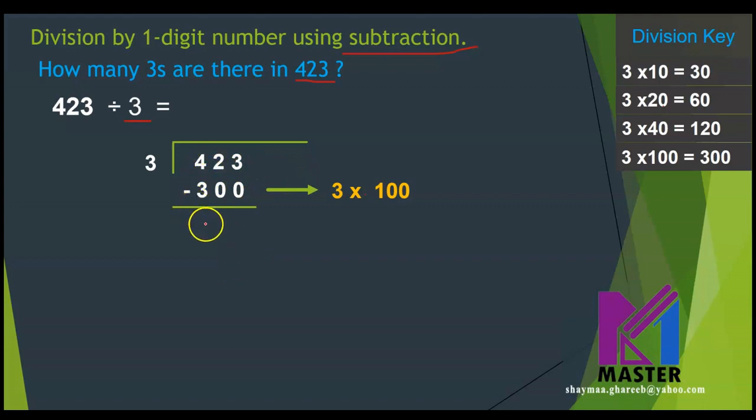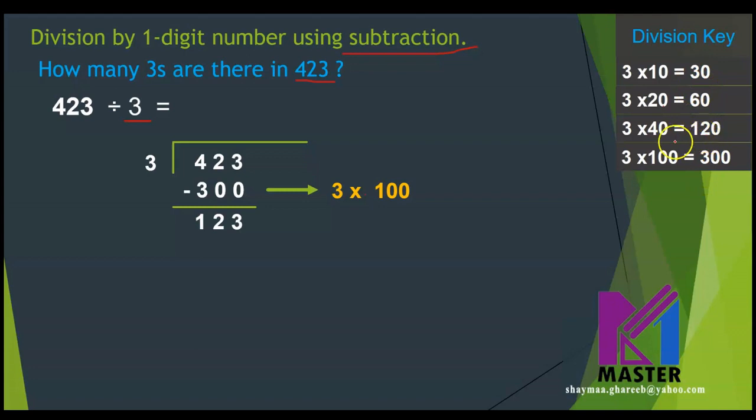Let's do the subtraction. When you take the 300 from the 423, you will have 123. I will do exactly the same. Now I have 123 left. I need to know how many threes I can find in the 123. So I will look at the key to see which multiple I can use here.